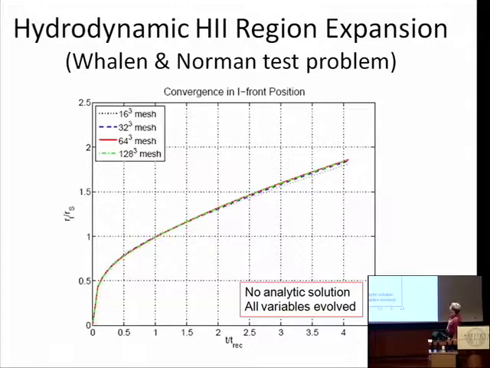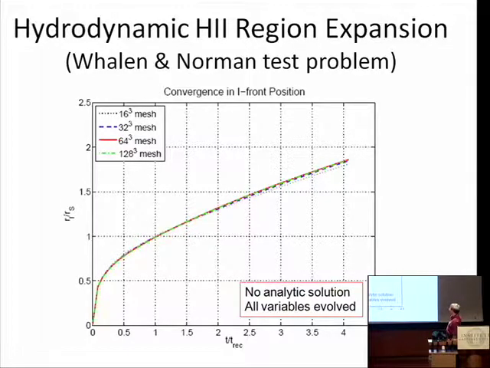We turn on hydrodynamics, and we do this expansion into the uniform medium. You don't approach the Stromgren radius. The pressure inside just keeps pushing it out, pushing it out. This has no analytic solution, although it does have an analytic solution in the R-type phase, and it has that offset power law solution in the late time phase.